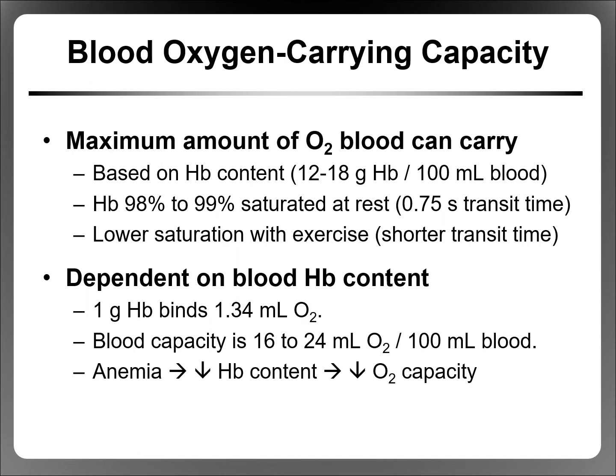You can also have anemia because you have low iron content. This is very common in females. You can also just have pernicious anemia, which means you're just generally anemic and don't carry oxygen well. So there's a lot of different reasons why you can have anemia. However, once you have anemia, you have a lowered hemoglobin content, you don't carry oxygen as well.